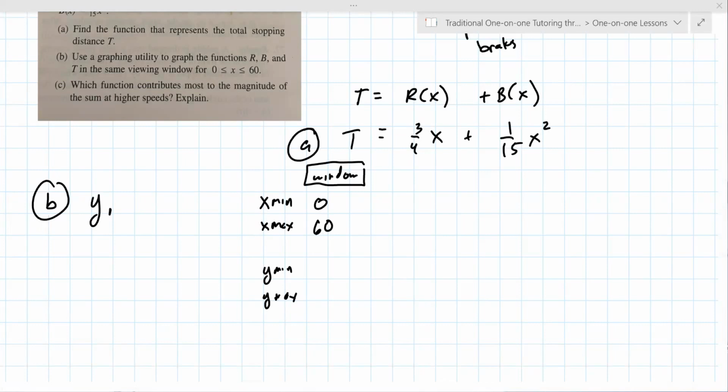Basically, it's whatever you get at 60 in this equation. So it's pretty big. Actually quite big. We go 250. Okay, so I think I've got a decent window here to show you guys what this looks like. I'm going to snip this in so you can see.